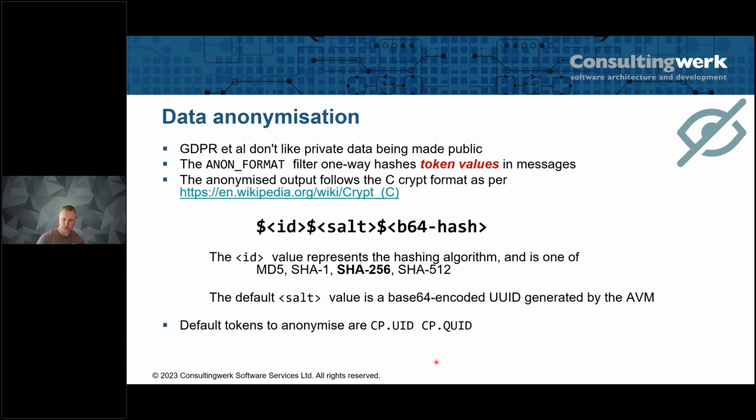The at would be the qualification. And that uses this C crypt format, which is a dollar-delimited value containing the ID, so the algorithm. The second item is a salt, which is used to hash. And then the third value is the base64 encoded hash.